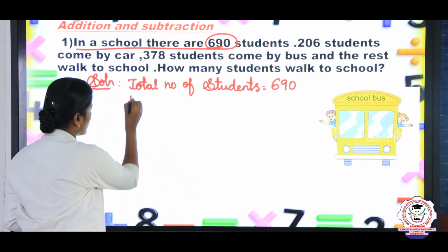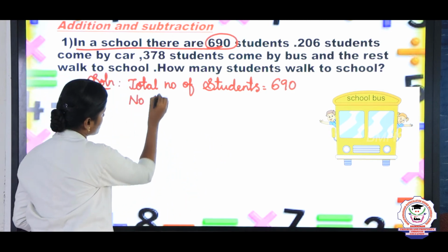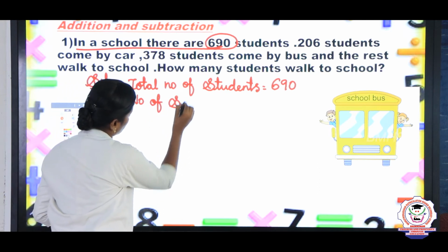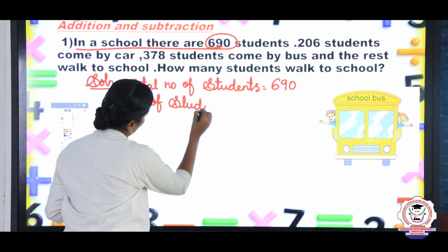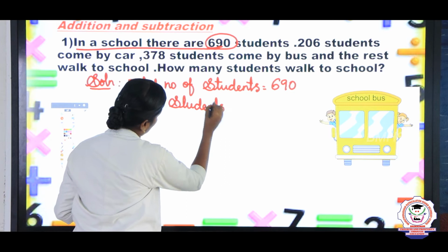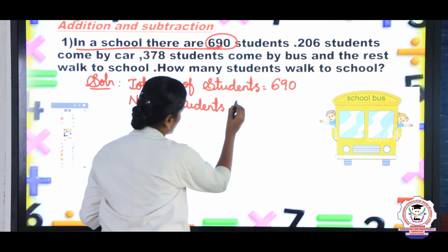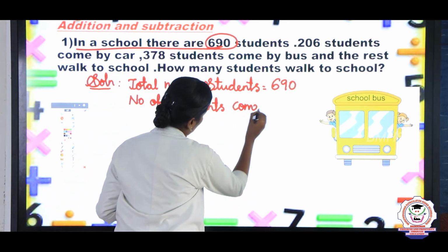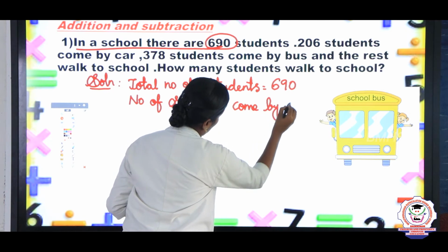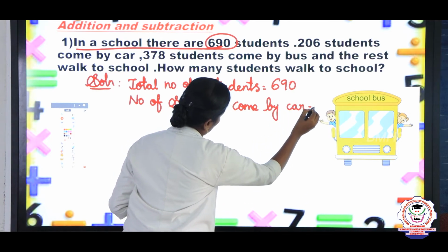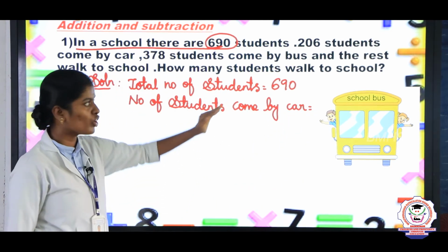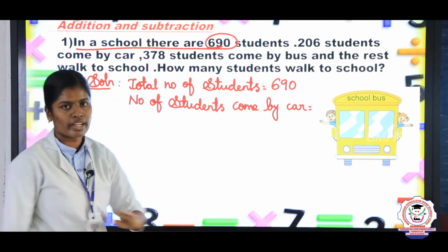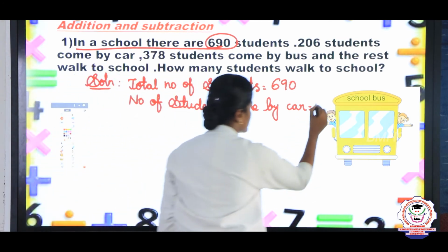Write here number of students come by car. Totally how many students come by car? 206 students. So write here 206.